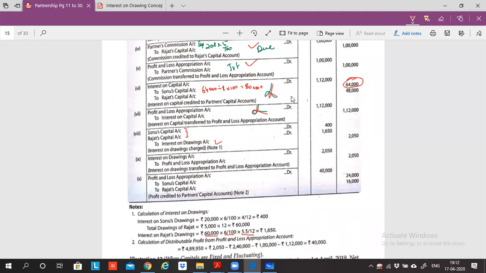So asset is something which we have to receive, and an asset is a debit balance. So I need to debit Sonu's capital. Right? So Sonu's capital account debit to interest on drawing, because I have to receive money from Sonu's capital. This is as good as debtors to sales. Sorry, I think I'm making it wrong.